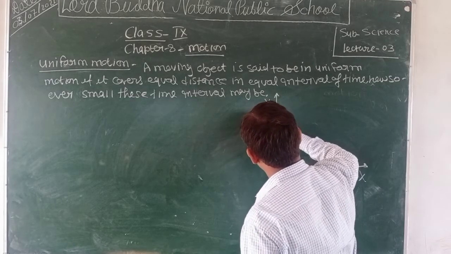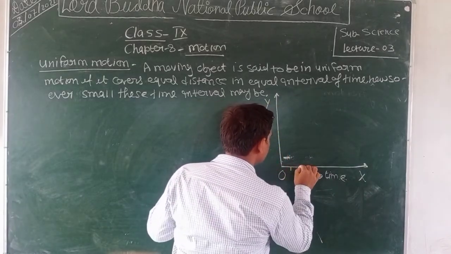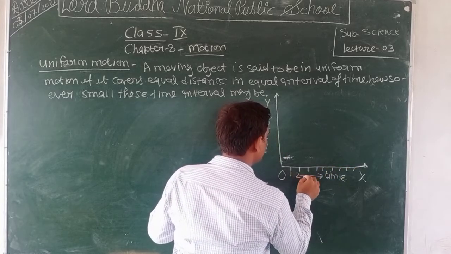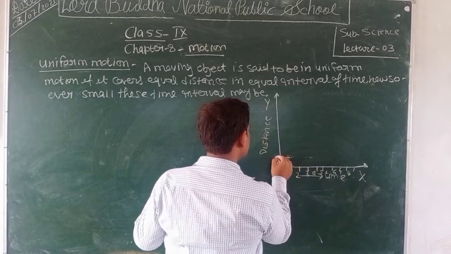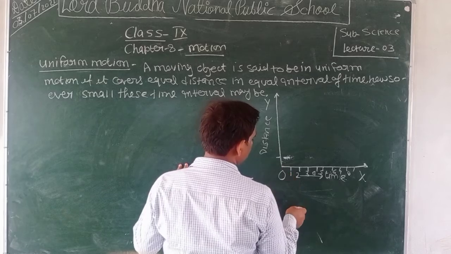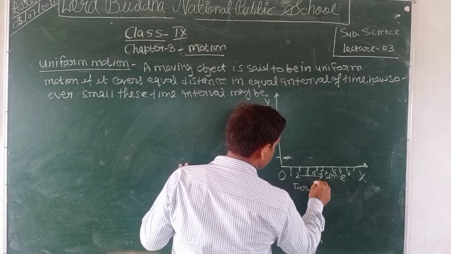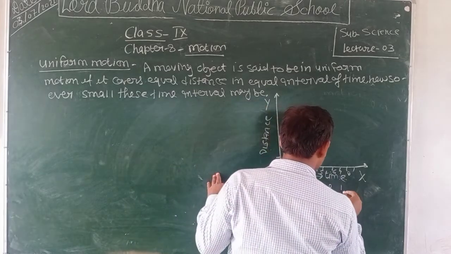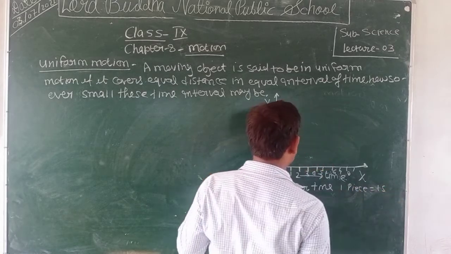This is time and distance. The time is in second: 1, 2, 3, 4, 5, 6, 7, 8. And the distance in meter. We take a scale for time. One piece equal to 1 second.